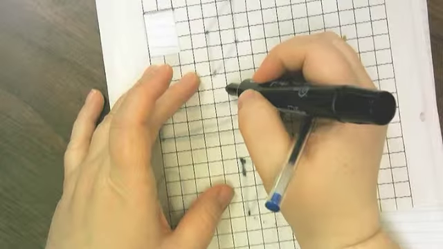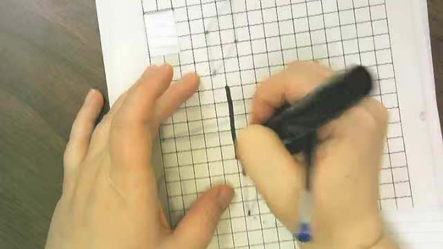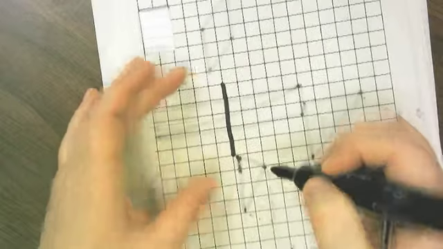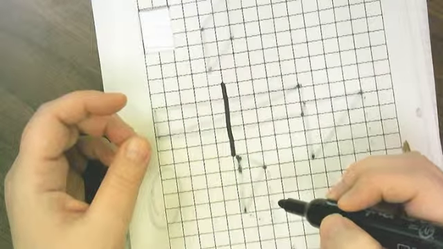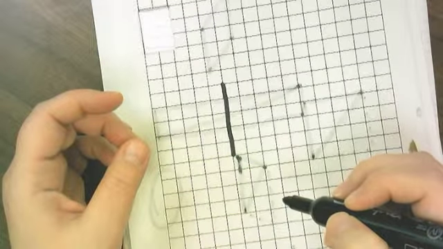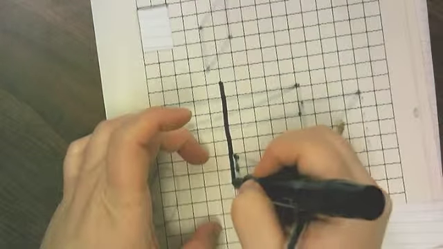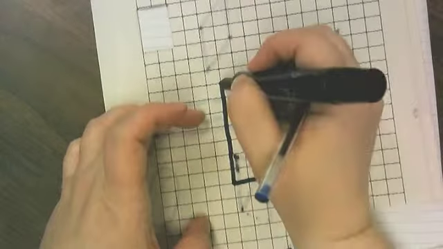You have to do a height of 7, and you could do a base of 2, and then that's your rectangle.